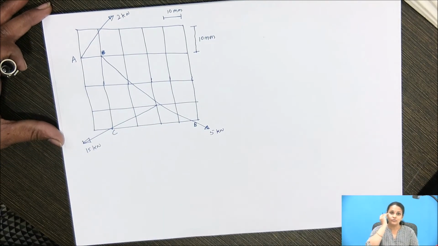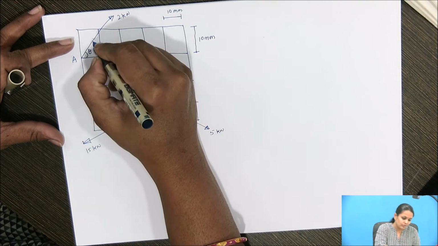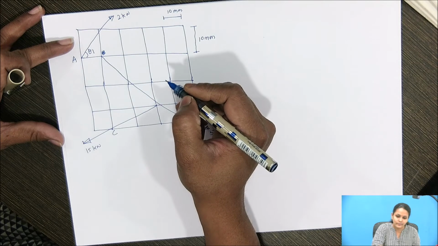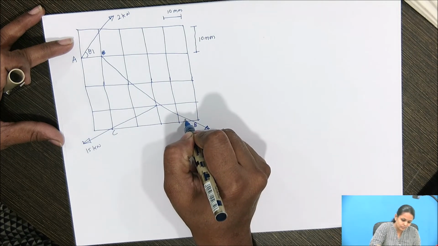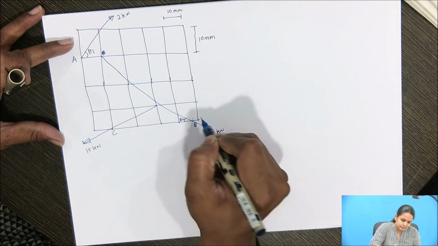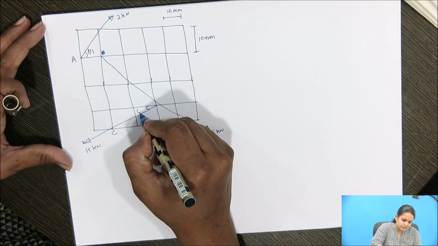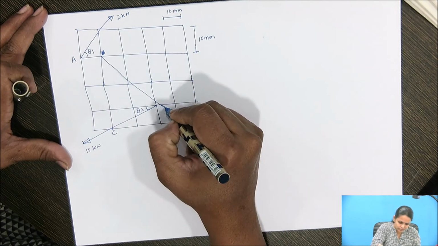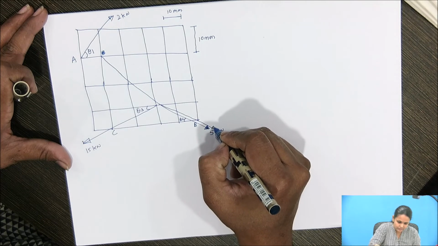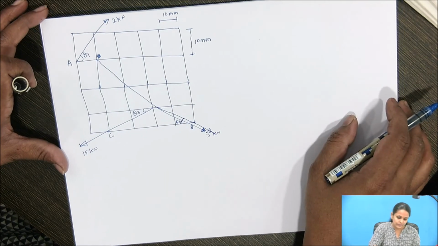First of all we have to find out the inclination of all these forces. So for force F1 it is theta 1, for force F2 it is theta 2, and for force F3 it is theta 3. This force will coincide with this coordinate like this, so this will be theta 2.